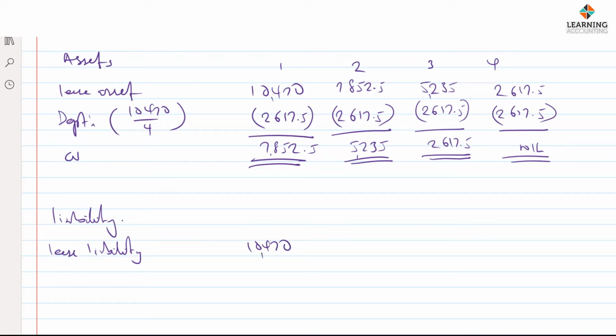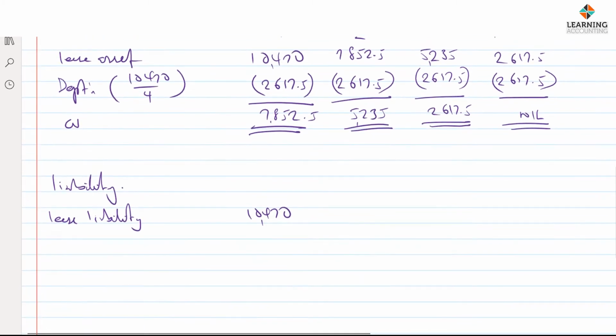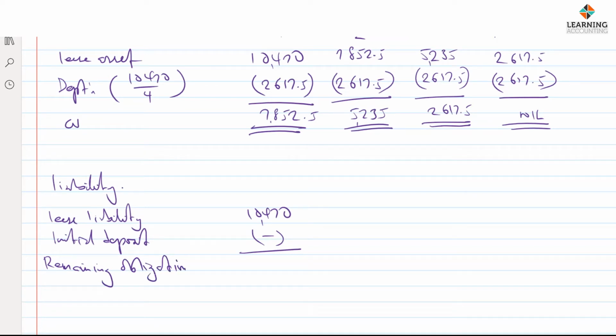Again, this is the credit entry with the initial recognition. We have no initial deposit. If we had, we would have deducted it, which gives us the remaining liability, which still remains 10,470.